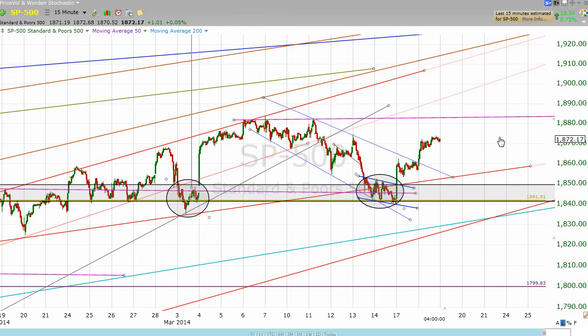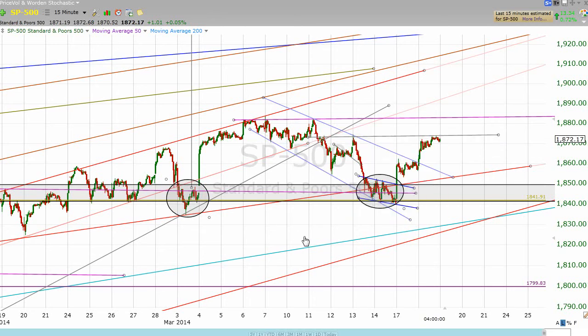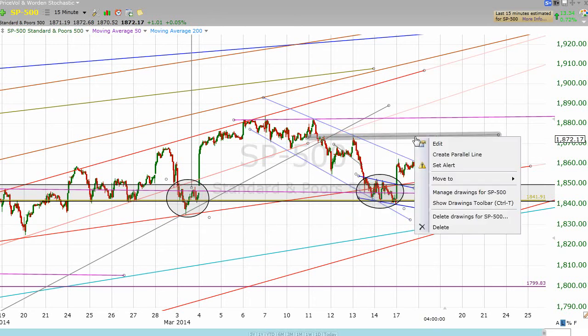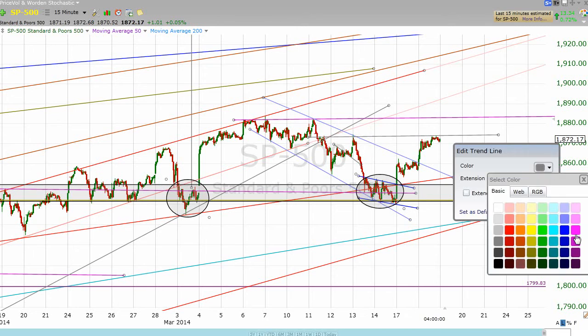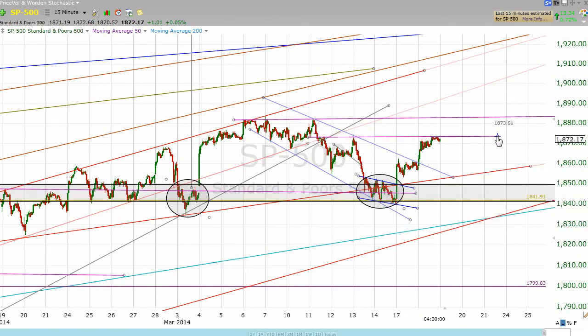Well, maybe we say step 3A and step 3B, because I think we've got a little horizontal area here based upon this little high that we had back last week. And I'm going to make this a purple line because I'm not saying this is what it is yet. But what we may be ending up with is a little stacked inverted head and shoulders pattern, like those Russian nesting dolls.